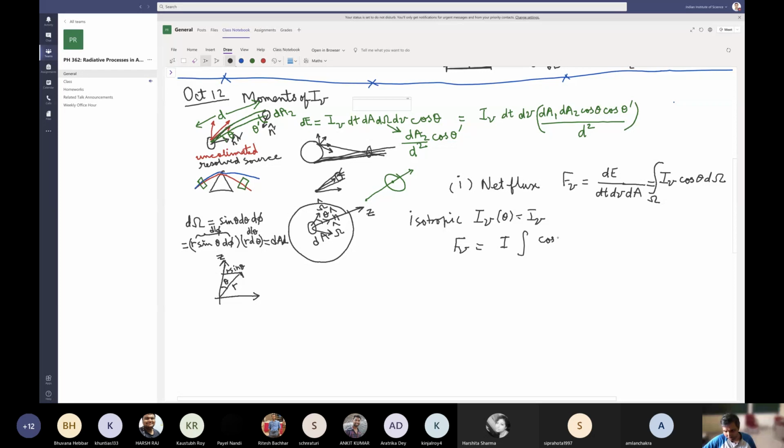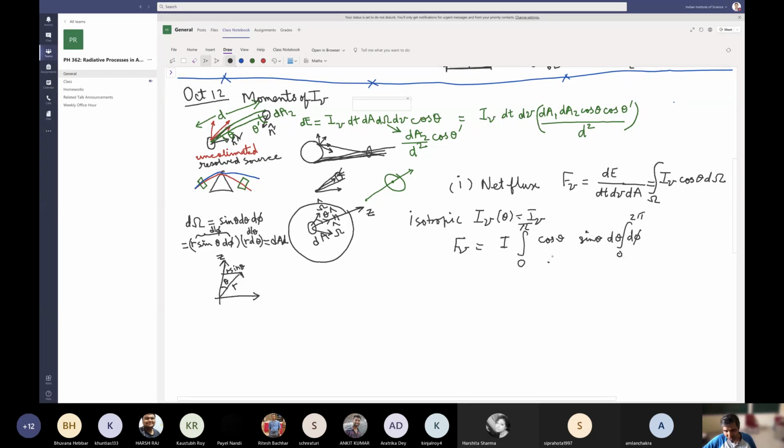This is cos theta, and d omega is nothing but sine theta d theta d phi, and of course phi is axisymmetric, so this just integrates to 2 pi. And theta, the whole solid angle is covered when you go from 0 to pi. This is just standard spherical coordinates.